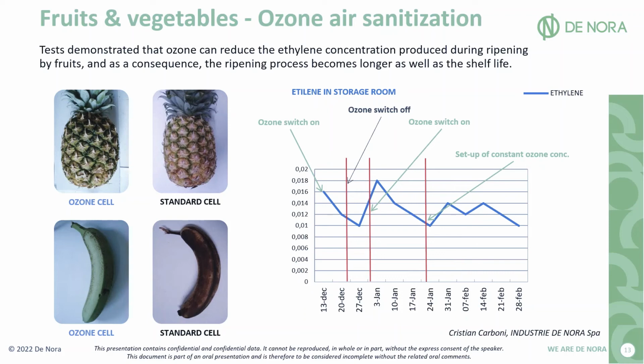When you turn off the ozone, as you can see in the graph on 20 December, the fruit start producing ethylene again and they can ripen. And if you turn on the ozone again, you destroy the ethylene again, as for example on 3 January, and the ethylene level goes down.